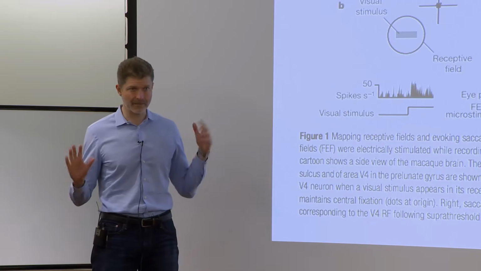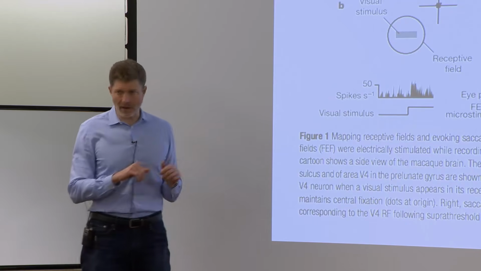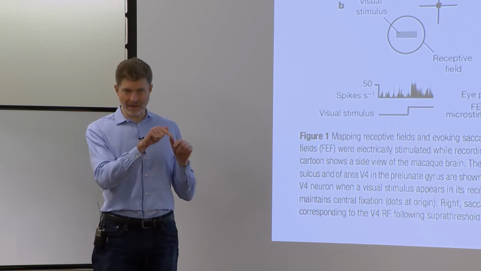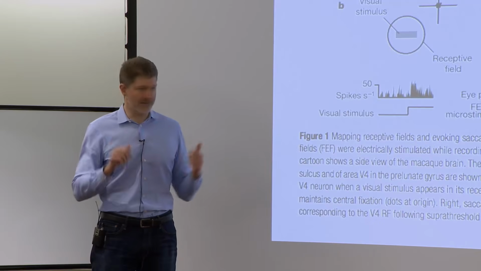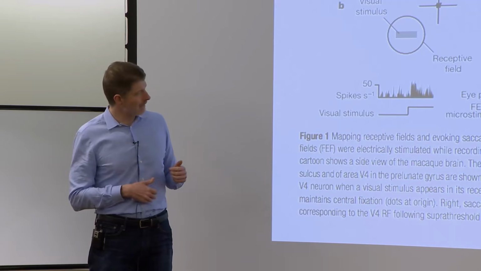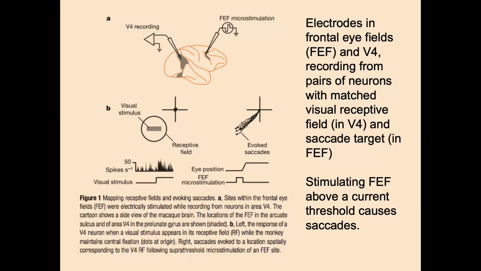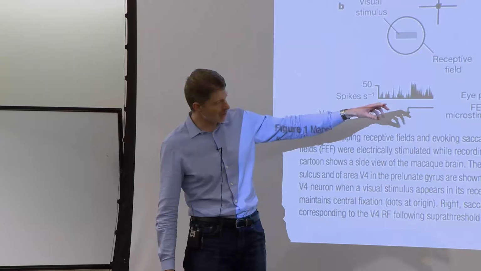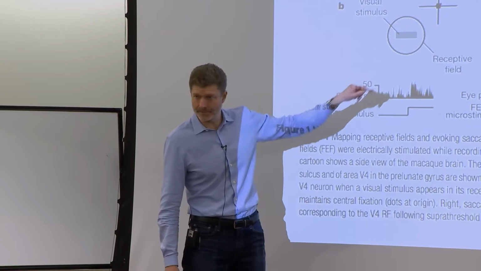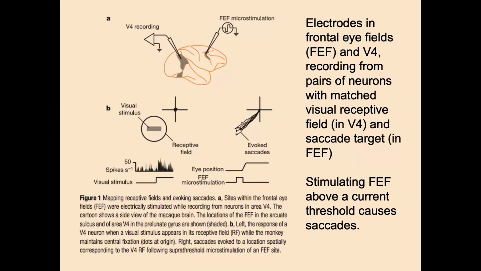All right, so that's the setup, right? And this is sort of a hard experiment to do because you've got to get each of the electrodes in the right place in order to find these neurons. But that's what they did. Okay. And I've just told you how stimulating in the frontal eye field above a certain threshold causes saccades. Okay. And so what they did in this study is to stimulate, but below the threshold that evoked a saccade.